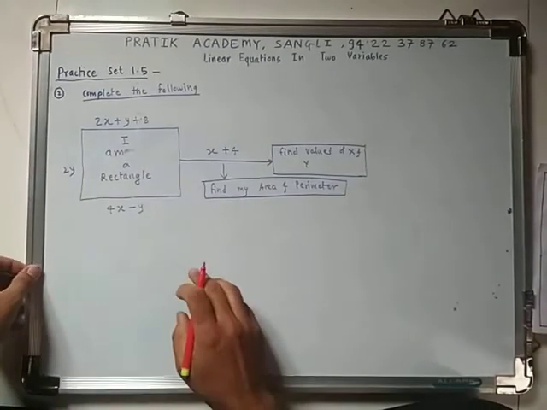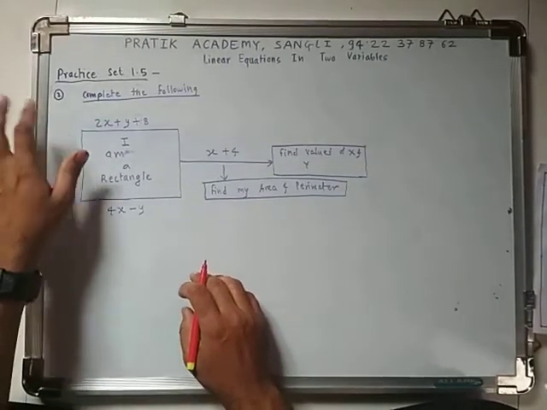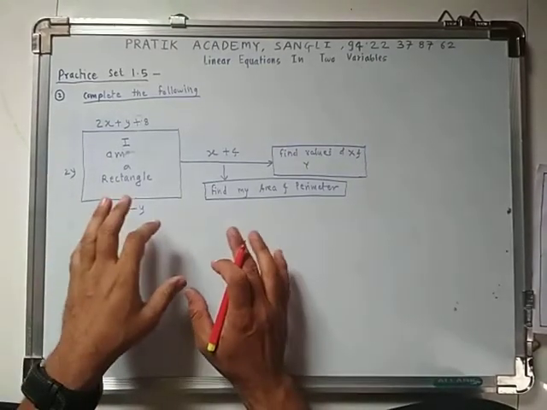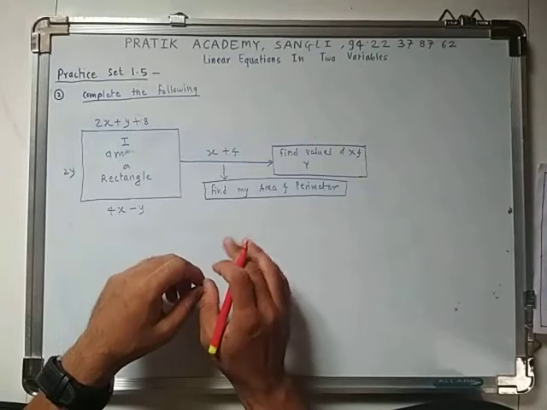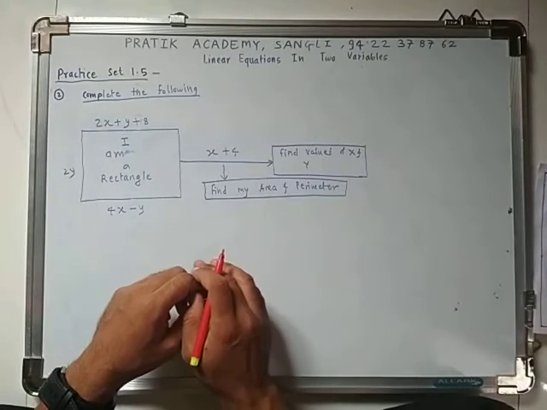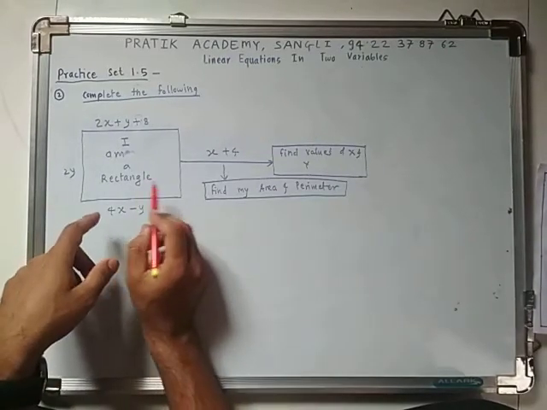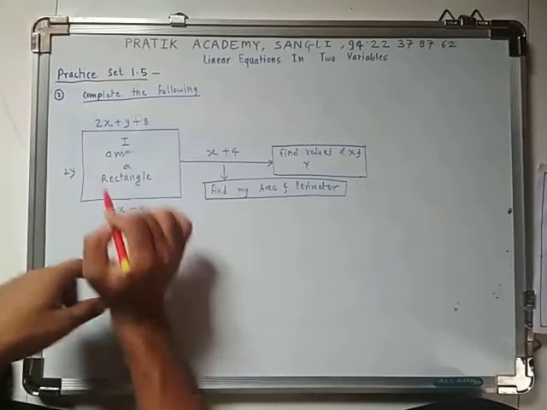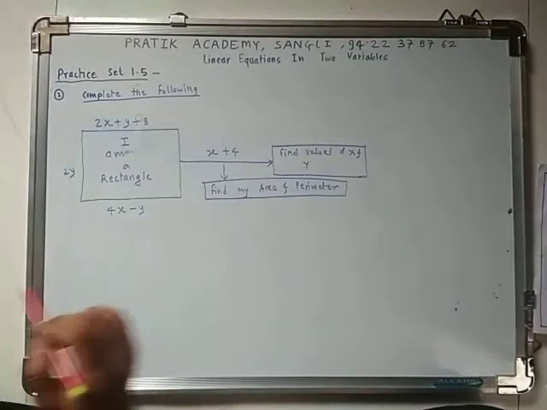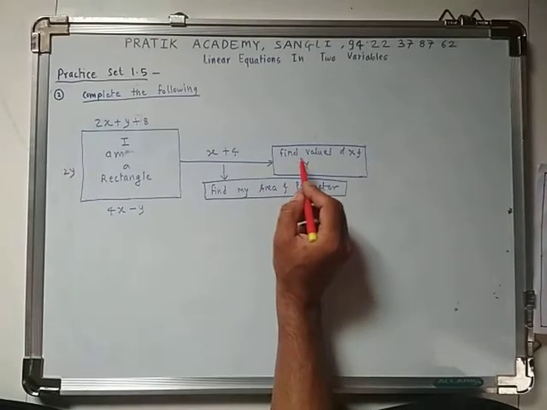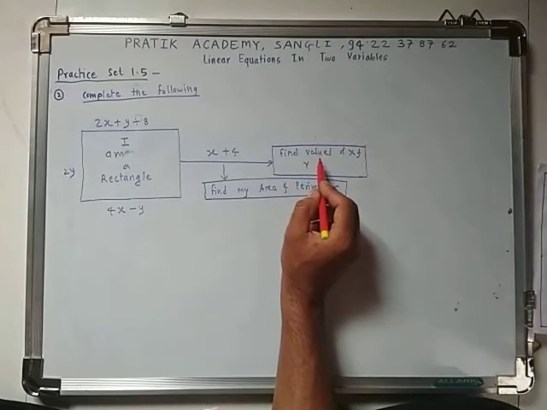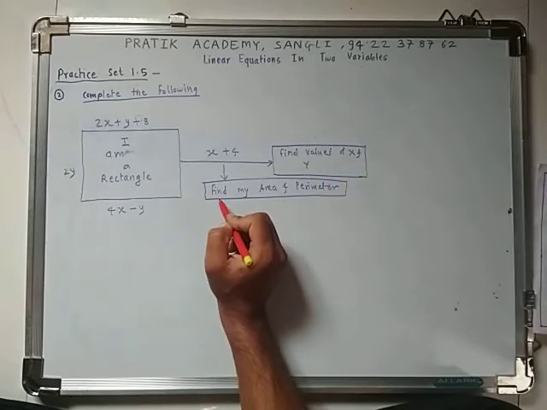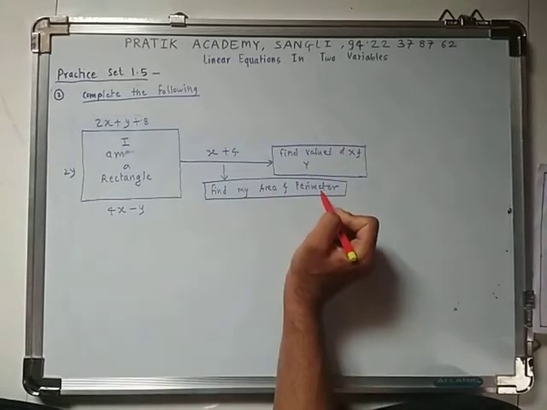So this is our problem number 2 from practice set 1.5. The data is given in picture form. Here this is a picture of a rectangle and some values are given. They have asked to find the values of x and y, and then find the area and perimeter.